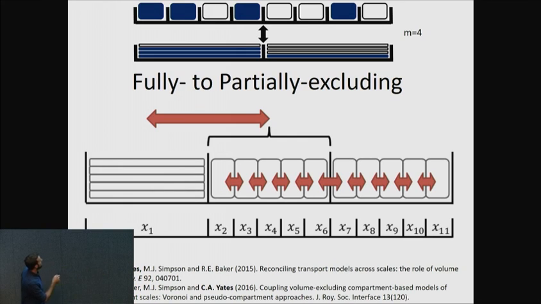But particles can also jump into here. So any particle in here can jump into the partially excluding box with rates which are taken from the partially excluding case. And similarly, particles in the partially excluding box can jump into here, and again the blocking probability is chosen according to the occupancy of these sites.